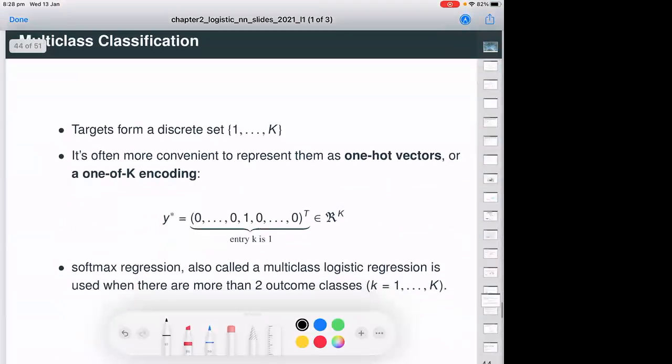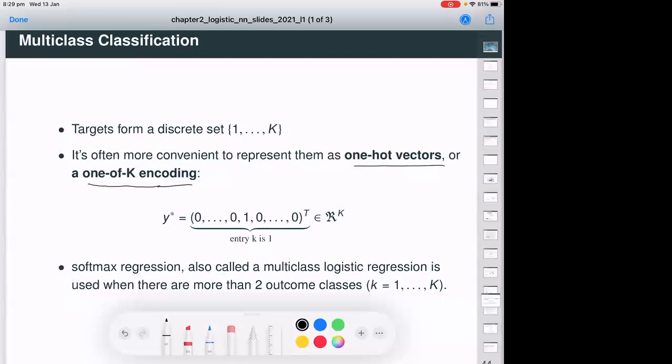Just keep in mind, because we will use it later, the one-hot vector coding, also called one-of-K encoding.